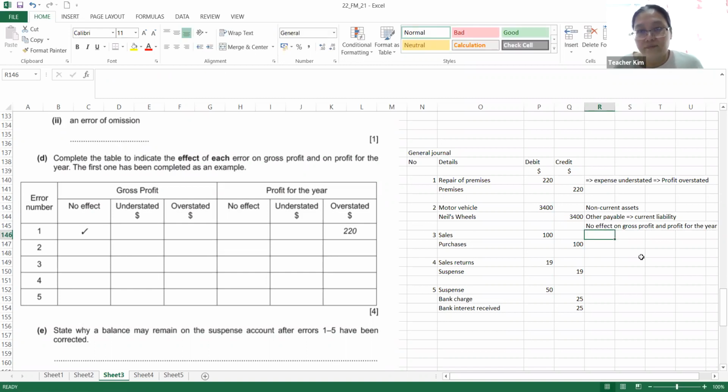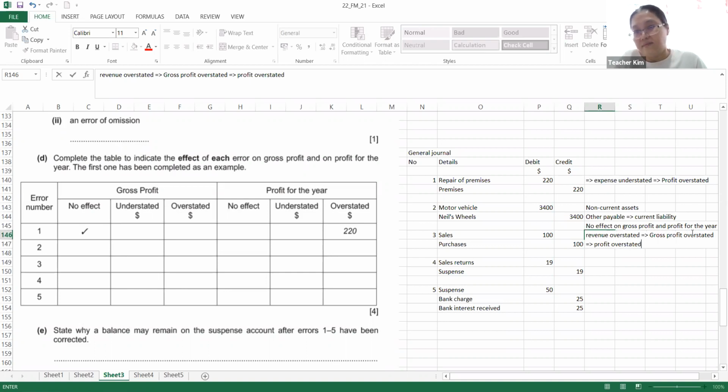The third one, one debit, one credit. Sales is revenue, because we overstate the revenue. Revenue overstated, gross profit overstated, profit overstated.